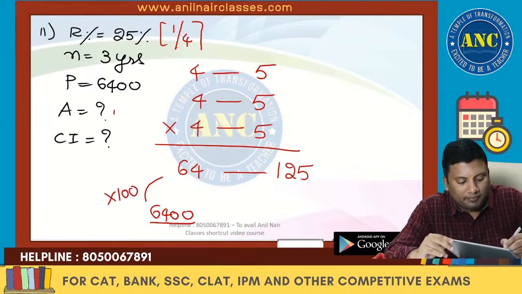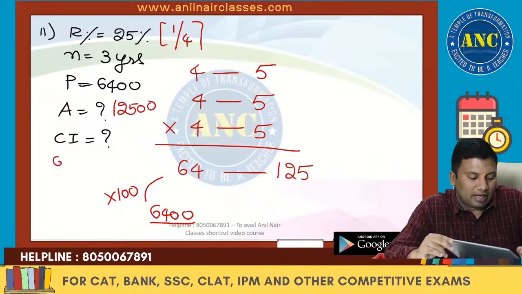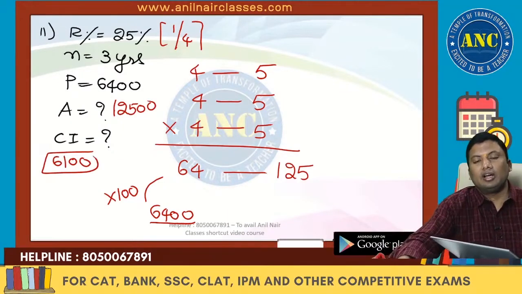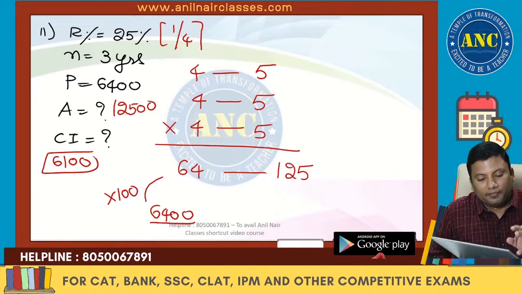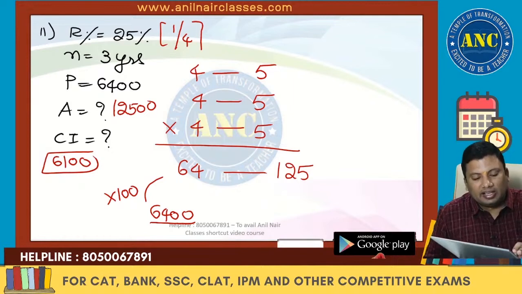Amount will become 12,500. CI will become 6,100. I hope the idea is clear.